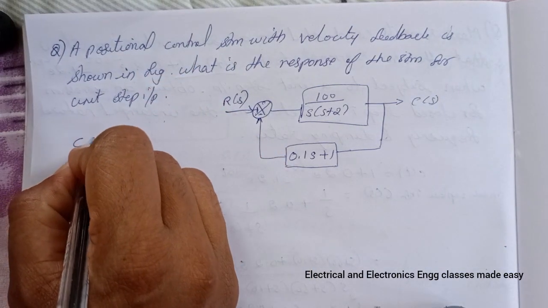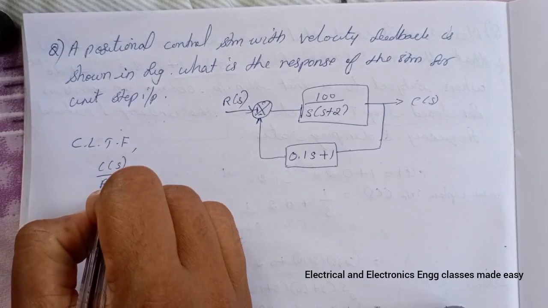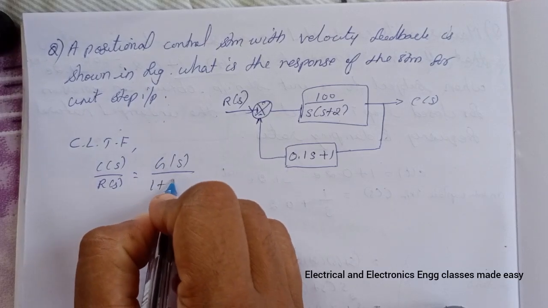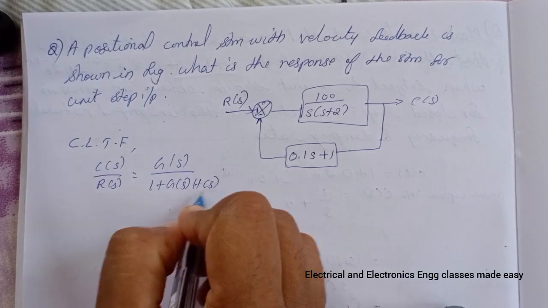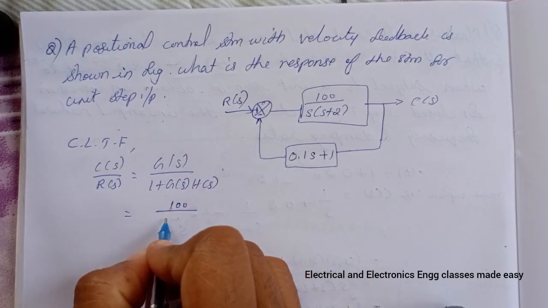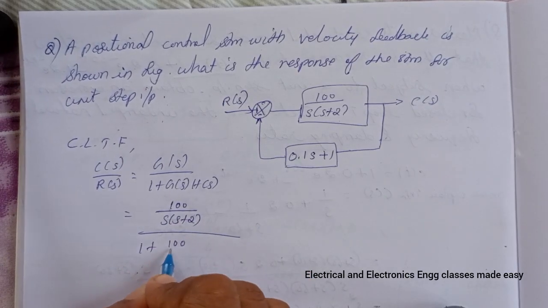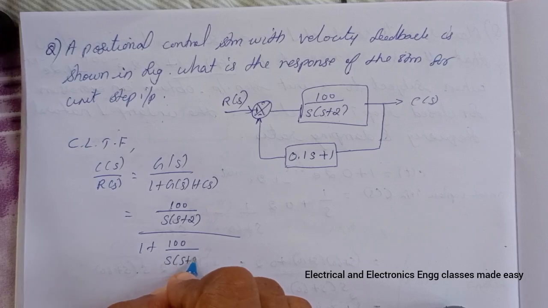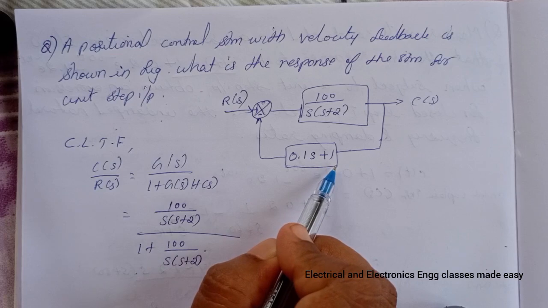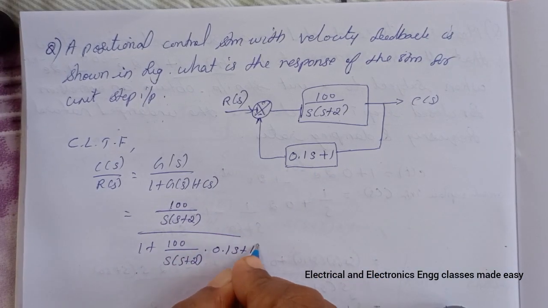That is, the closed loop transfer function C(s)/R(s) is equal to G(s) divided by 1 plus G(s)H(s), where G(s) is 100 divided by s(s+2), and H(s) is 0.1s plus 1.